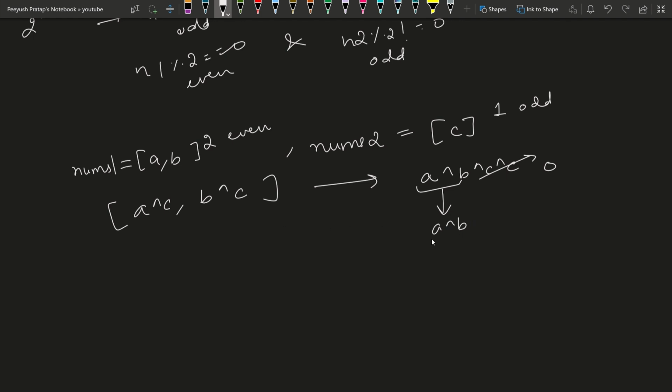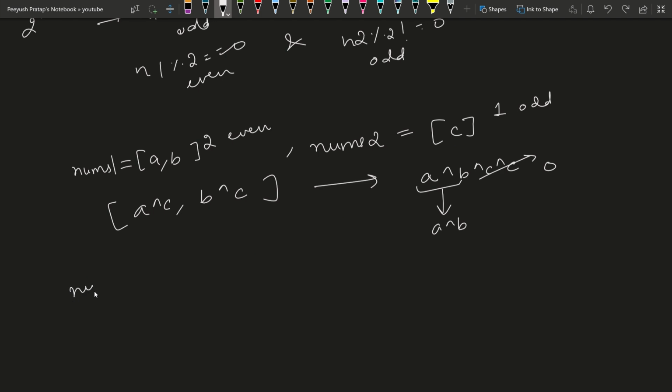It is the XOR of this array. Understood? So what is happening is that if the length of one array is even and the length of the other array is odd, then since the odd array will be present an even number of times because of this length, it will be cancelled out.